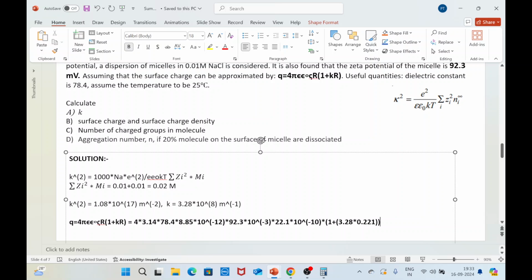I hope it is clear. So what is this value going to be, or coming out as?